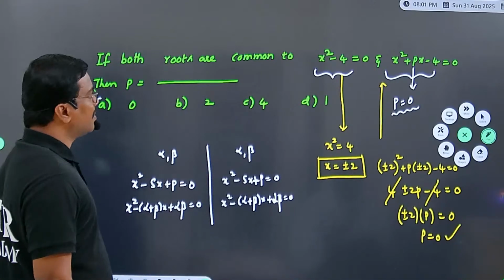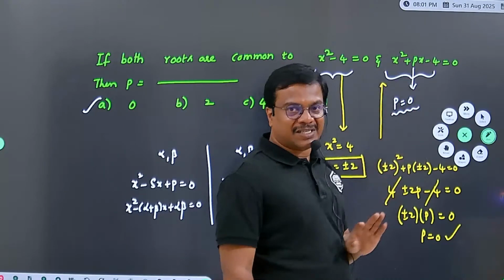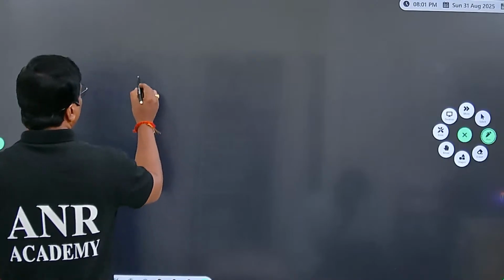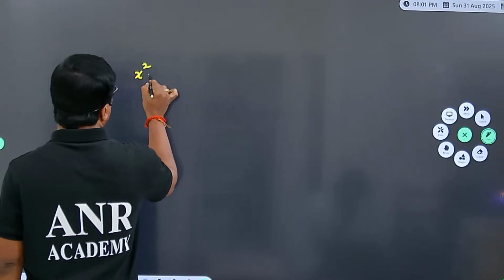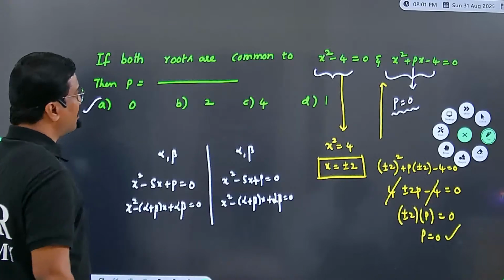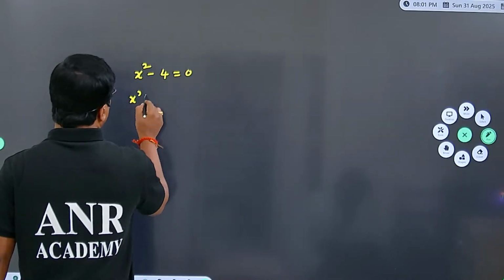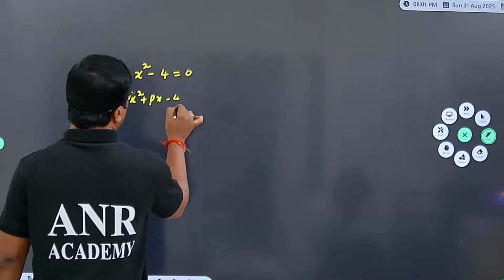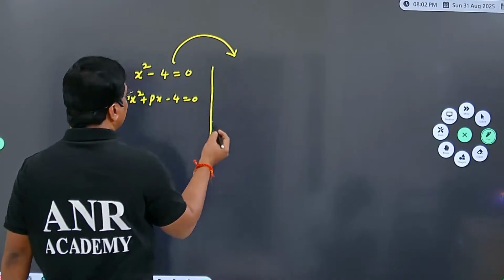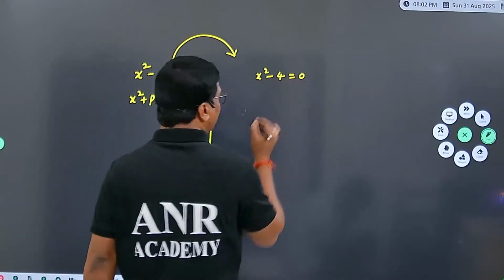In case the equation is with different coefficients, for example, suppose an equation x square minus 4 equal to 0, and the other equation here you have x square plus px minus 4 equal to 0. Instead of this, suppose you have like this, x square minus 4 equal to 0.